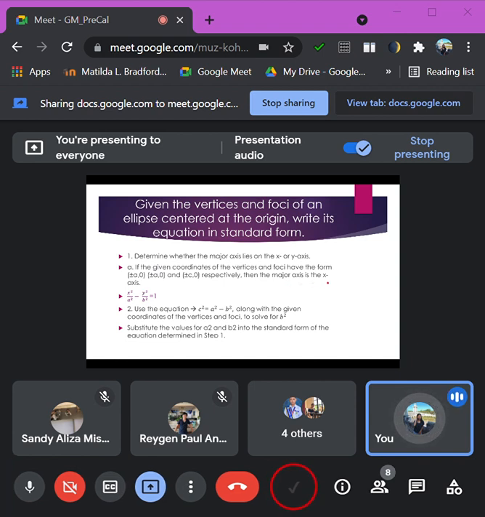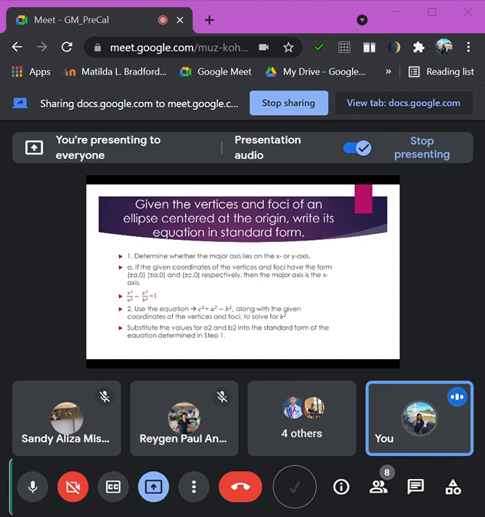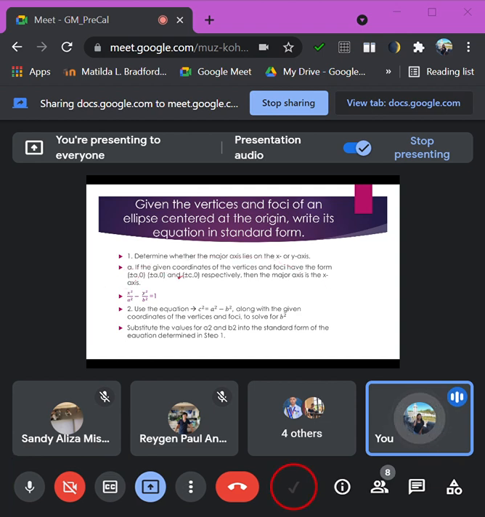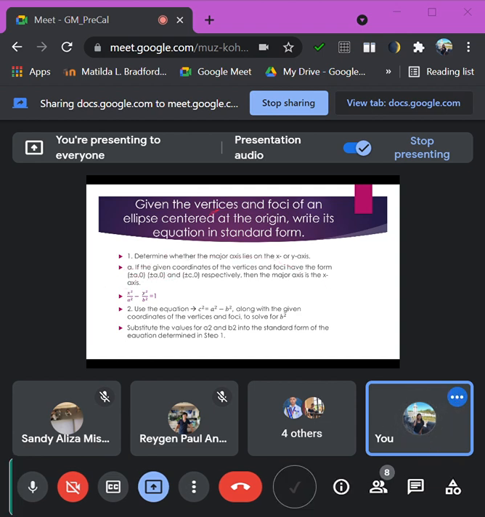If ever dili standard form ang gihatag, class, kung ang iyahang given kay ang vertex, di ba ang vertex na to is ang atong a, and then ang atuang c is foci. So basta na ang given niya sa x, meaning to say nasa x-axis atong major axis. Okay, remember that one ha.